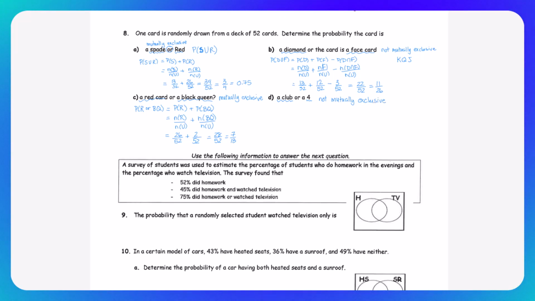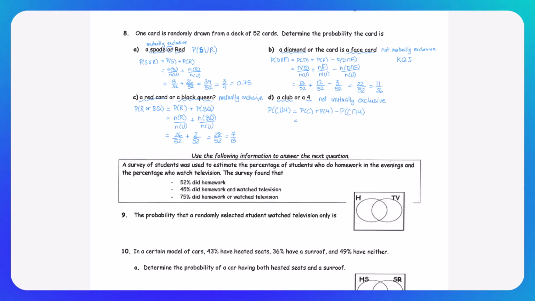So if we want to find the probability of club or a 4, we need to find the probability of the club plus the probability of a 4 and subtract the probability of club and a 4, or in other words, the intersection of those 2.